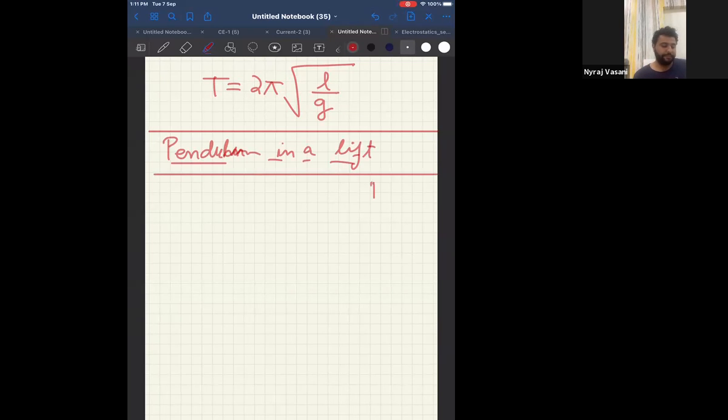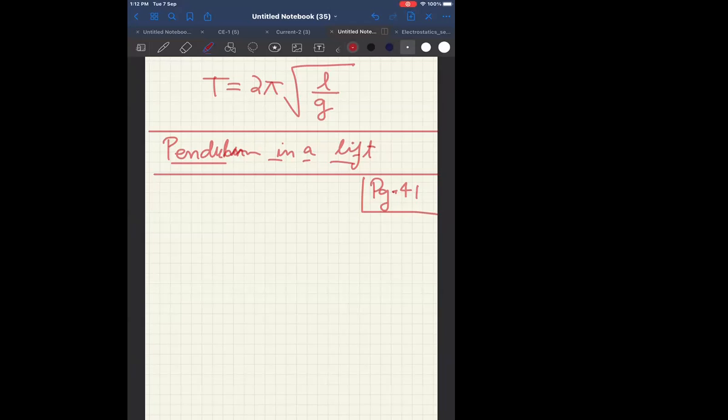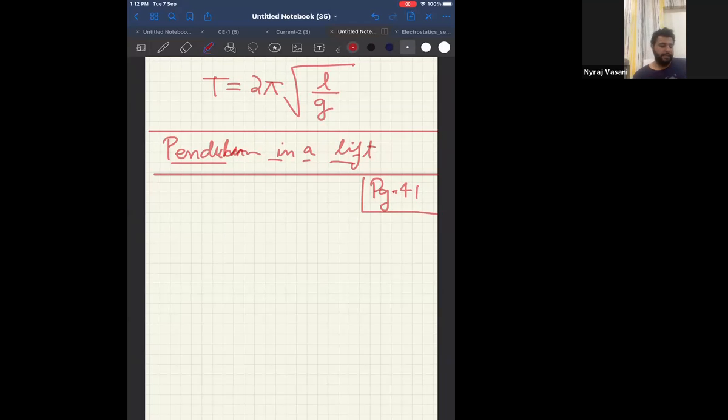All of you come to page number 41. What happens to pendulum in a lift? Now listen. This is the general formula. Everyone, please concentrate now.